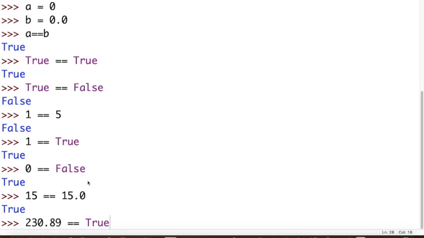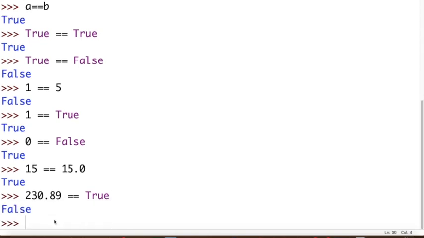But whether Python takes other integer values like 230 or float values like 230.89 as true or not is a matter of concern, and it is not taking it as true. So any value other than 1, any other integer or float value, is not considered to be true in Python.